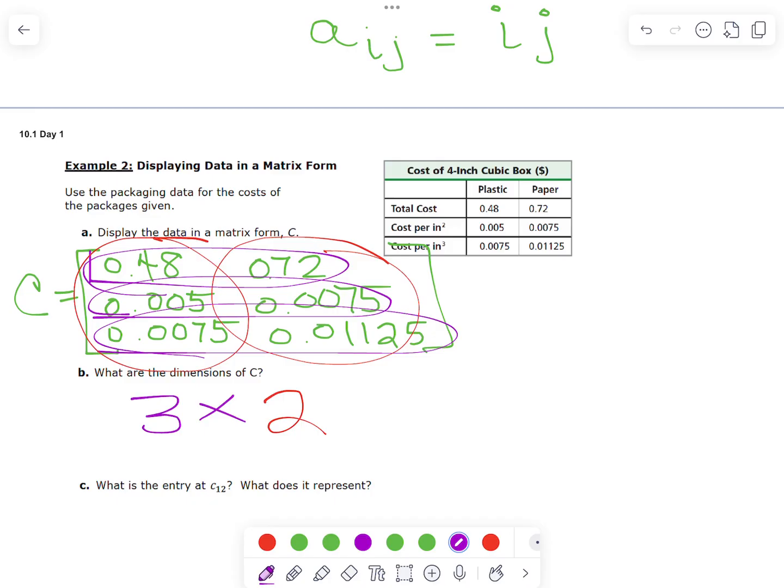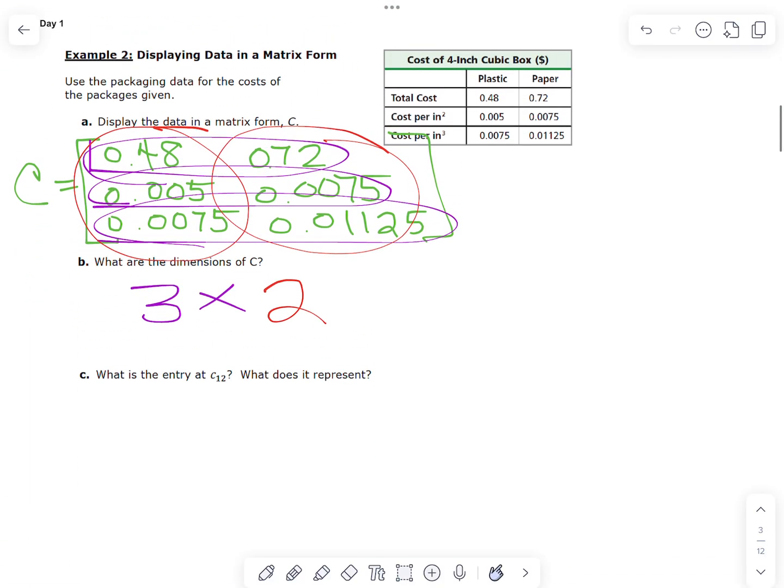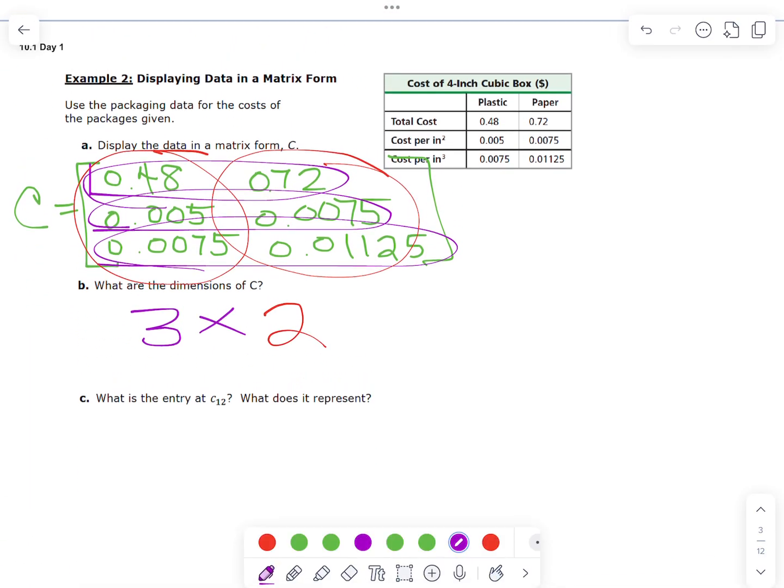The next thing it asks for is, what is the entry of C12 and what does it represent? So the first number is going to represent the row number, and the second number is going to represent the column.